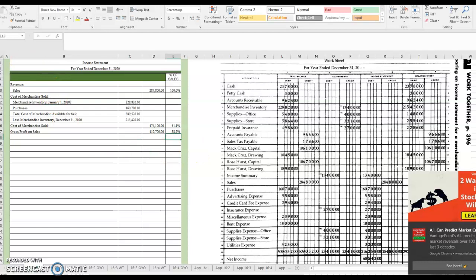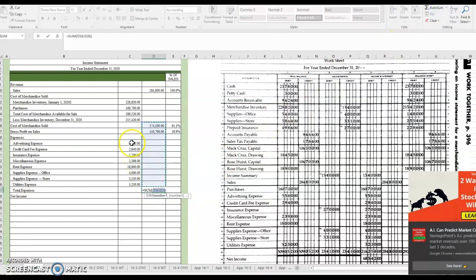Okay, next we're going to list all of our expenses. So that'll take me a minute. Let me pause it. Okay, so we've carried all the expense information from here to here. I'm going to total. We want to sum up this column to get our total amount of expenses, because of course there's our gross profit on sales.